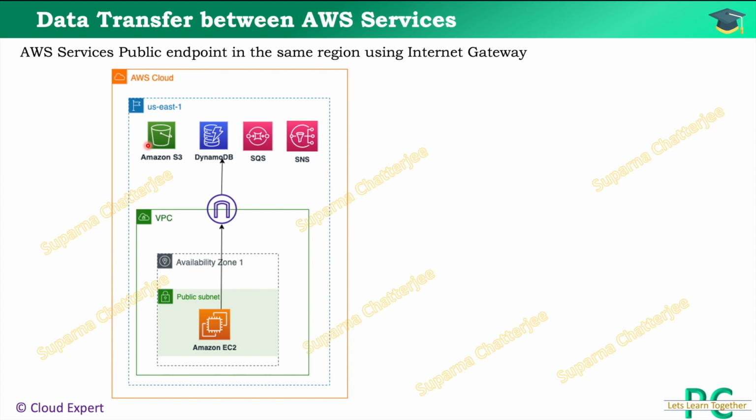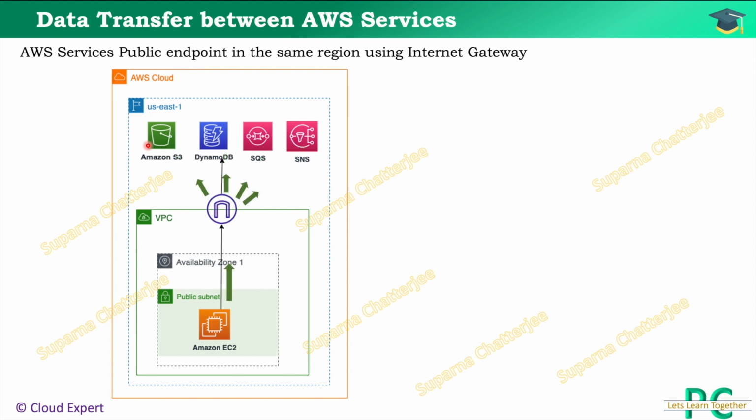Maybe you are trying to access data from Amazon S3, Amazon DynamoDB, SQS, or SNS. Now let's understand what the data transfer charges would be in this use case. One point I'd like to highlight: with your EC2 instance in a public subnet trying to connect to AWS services public endpoints, the data transfer charges will be free.